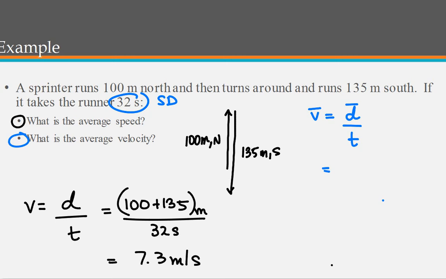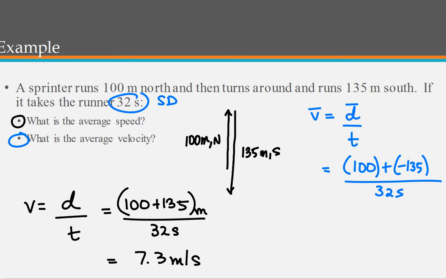Now, when you go to add these 2 vectors, remember, you have to be mindful of direction. So you have 100, which is positive, plus 135, which is negative, all over your 32 seconds. Any questions about that? Is that okay?